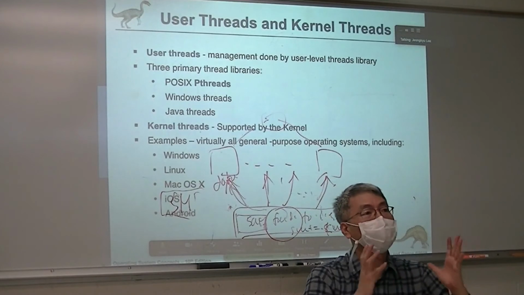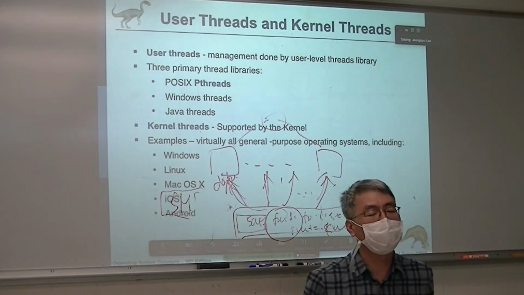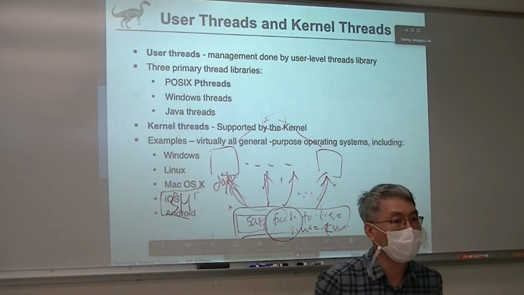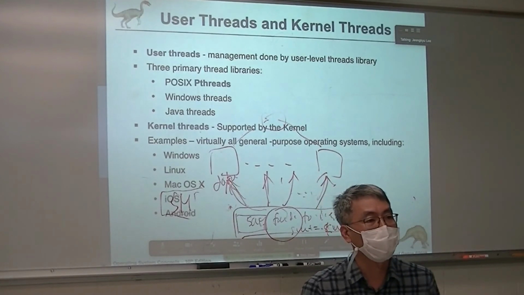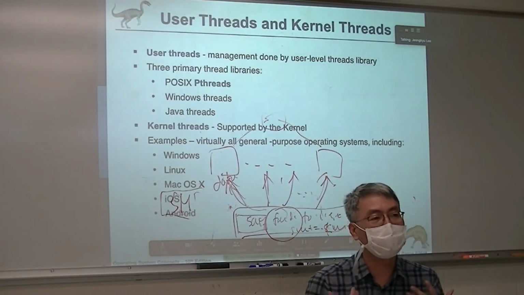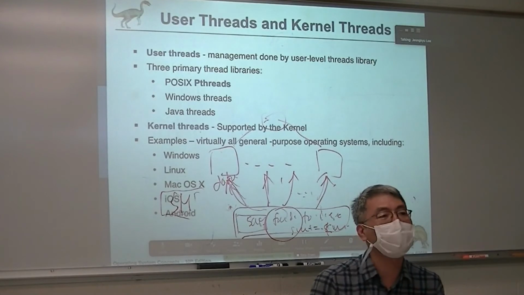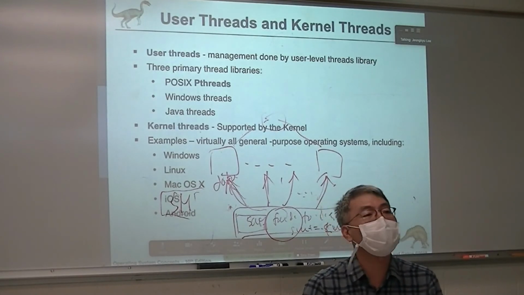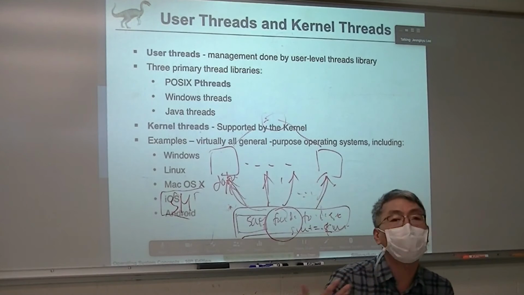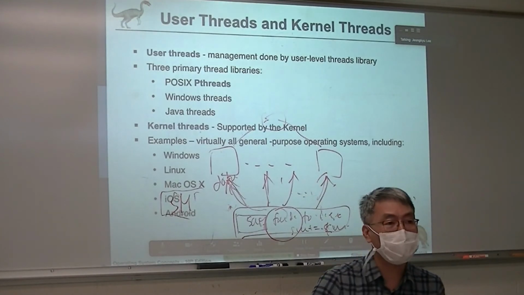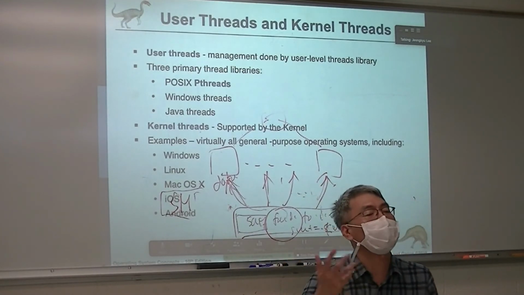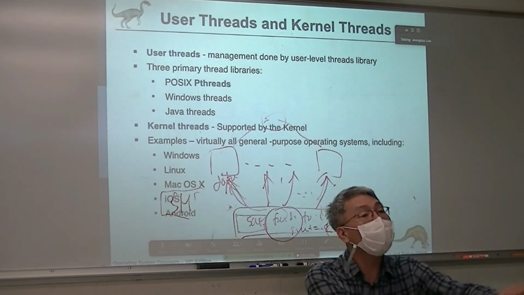For example, if you did thread programming in my Java class, that is a user thread. Most students, even including me, never did the kernel side thread programming. It's provided by the operating system. So the operating system automatically runs such kernel threads.